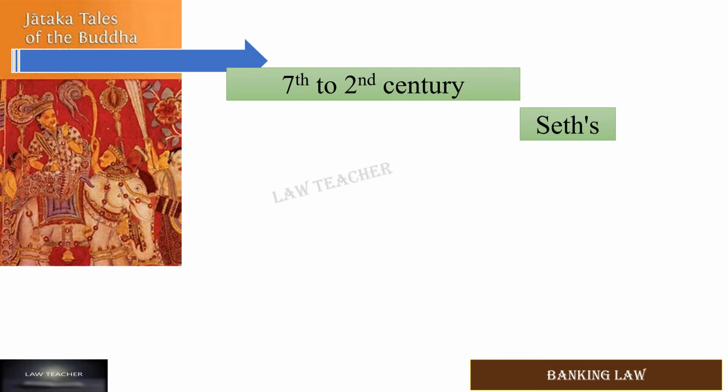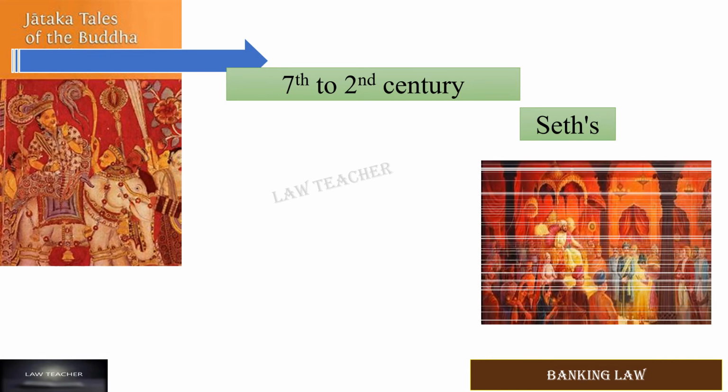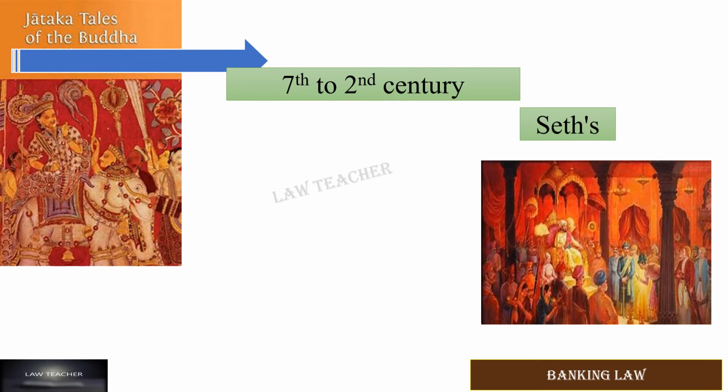In the Jatakas, there are several stories of kings receiving financial help from the guilds. Merchants were engaged in commercial and industrial activities. The merchants paid interest on the deposits they received at the rate fixed by the General Assembly of the guilds. Thus, it is evident that money lending, banking and trading were interlinked.